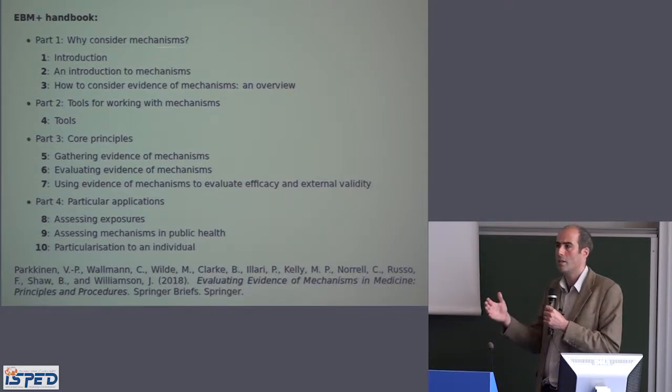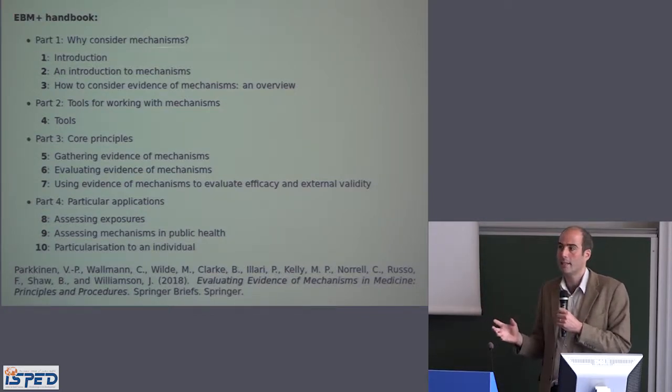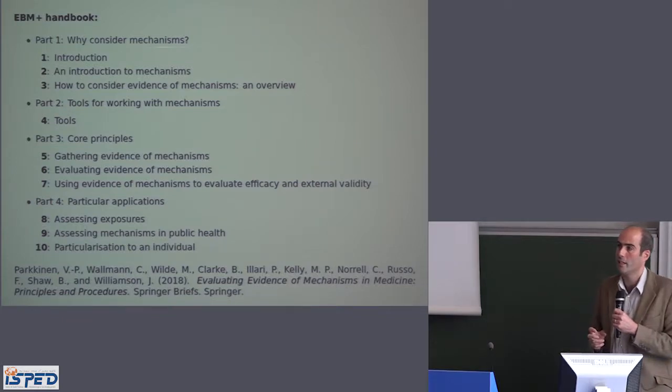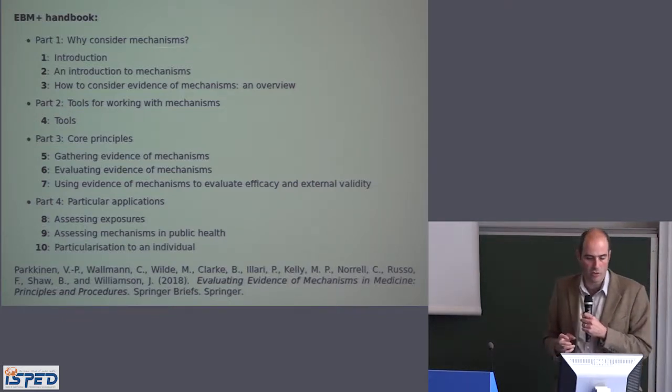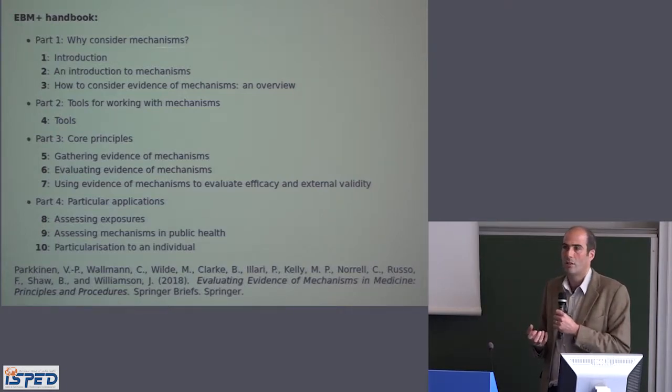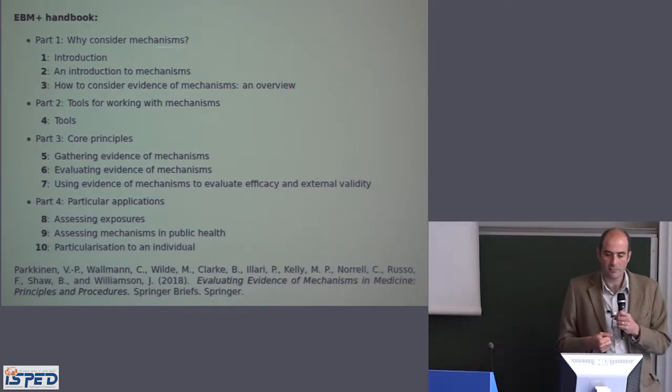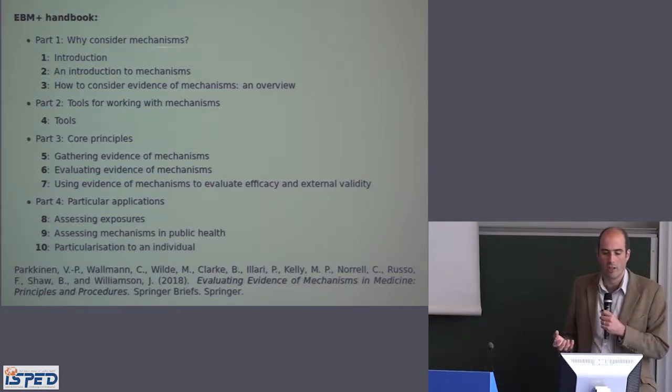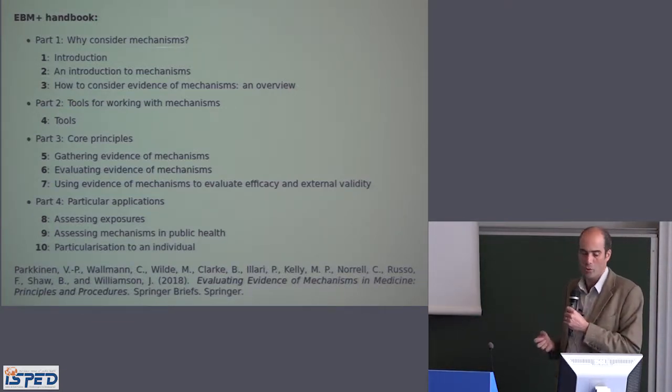It can be harder to find mechanistic studies that are relevant to a particular mechanism of action that you might be interested in. Then how you evaluate those studies and how you evaluate the mechanism of action. And finally, how you use that evaluation to help inform your causal judgment.